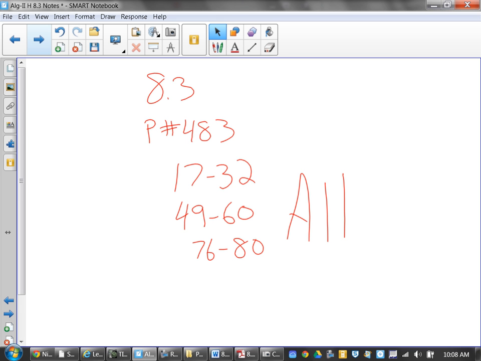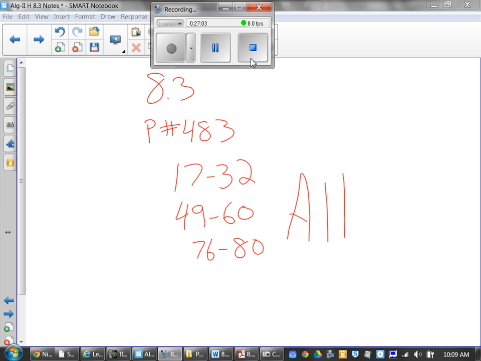Remember, if you're simplifying, no negative exponents, but if you're graphing the negative exponent, it's fine because you're just showing it. Okay, we gotta go start on this. You just put two twos together.